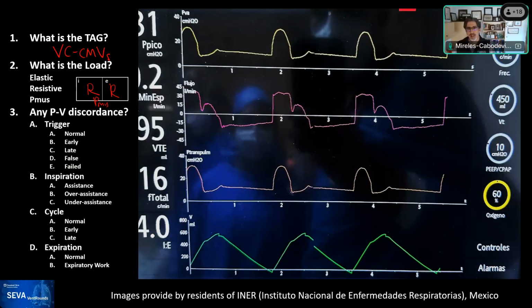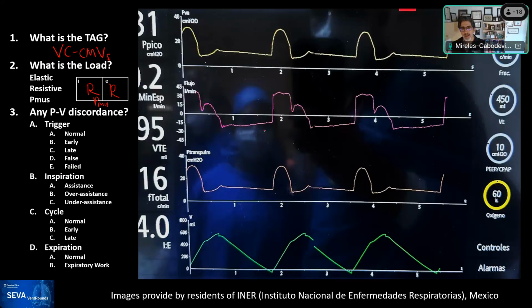So this is why it's so relevant to have a marker that tells you that it's a patient or a mandatory breath, because you need it to help you understand what's going on with this patient. And here, none of these breaths has a marker of a patient-initiated breath.